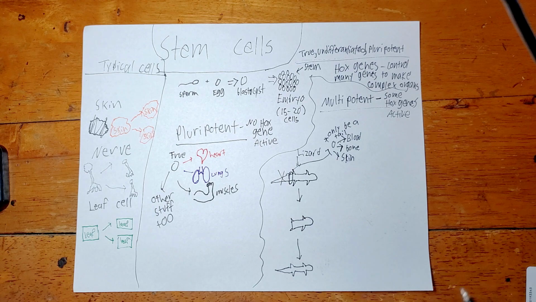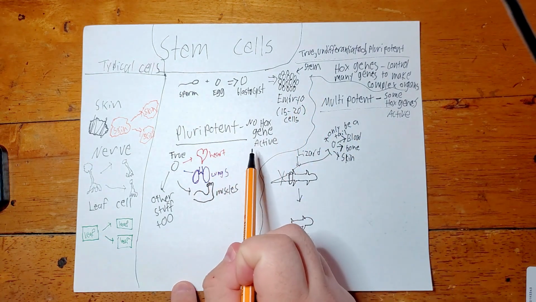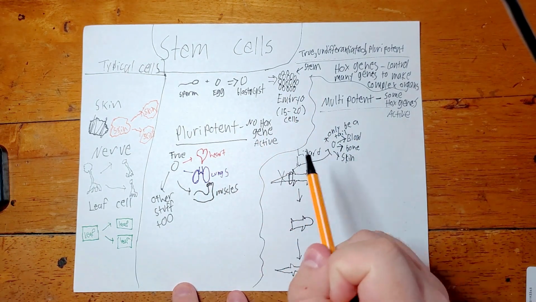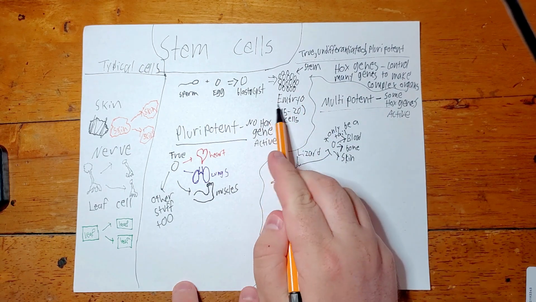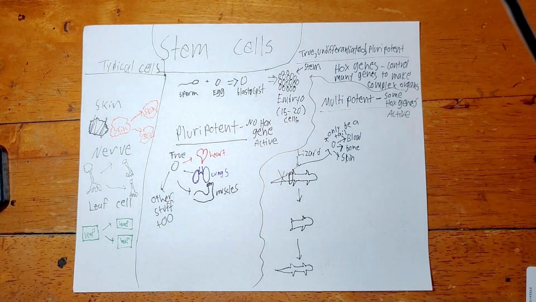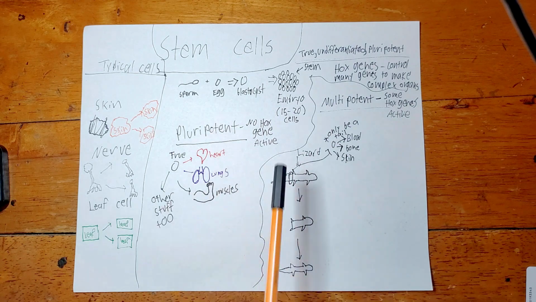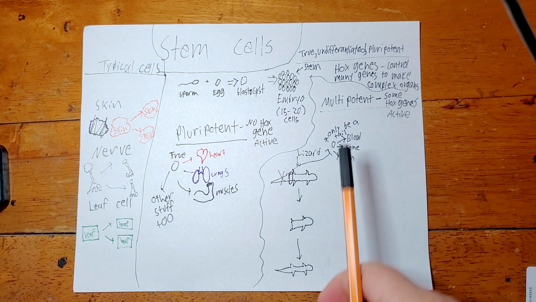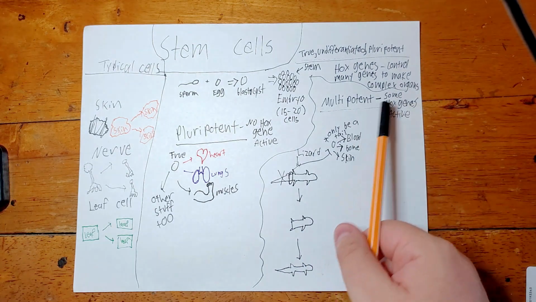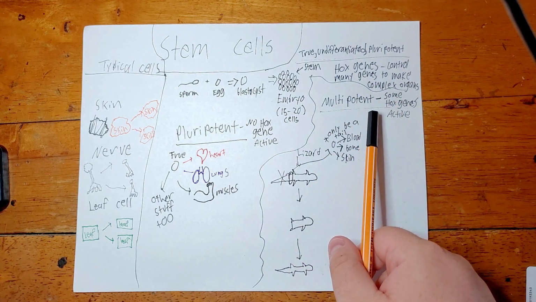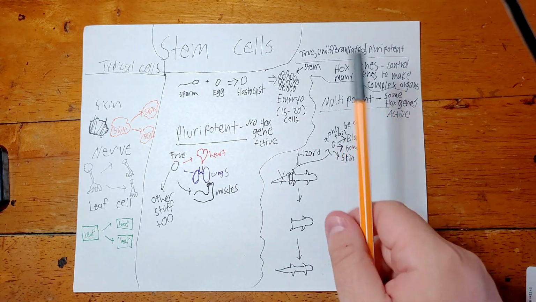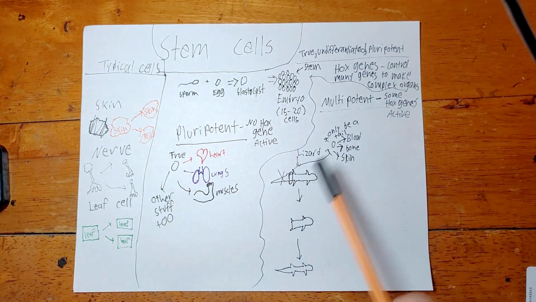So just to recap, we have pluripotent stem cells, and these cells can become anything. But we only find these in embryos, right? Whether that's a plant embryo or a lizard embryo or a human embryo or a fungus embryo, these stem cells can become anything. Once organisms are fully developed, some organisms in some places have multipotent stem cells, which will let them regrow certain organs, right?